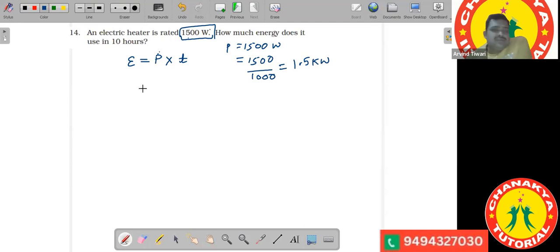Okay. Just put the values over here. In place of power, what shall we write, Siddhisri? 1.5 and multiplied time is 10. So 1.5 into 10, that will be 15 kilowatt hour or 15 joule of energy.